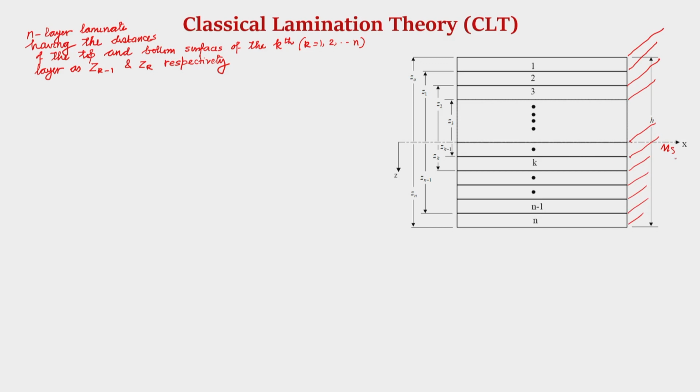So this is the x, this is z, and this is the y. So we have an n layer laminate where the distance of any layer from the mid surface is designated like this, as shown in the figure.